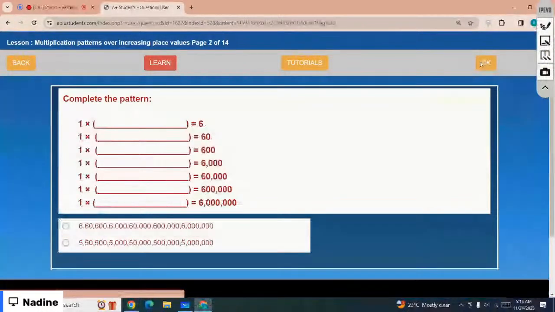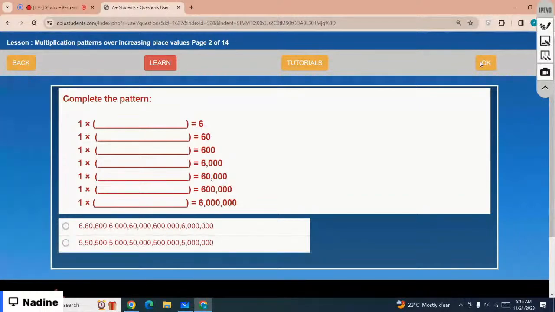Okay, the next one is 1 times the missing number equals 6, 1 times the missing number equals 600, then 1 times the missing number equals 6000. So which number is missing? Which is the correct option?